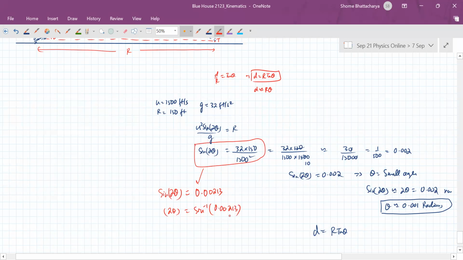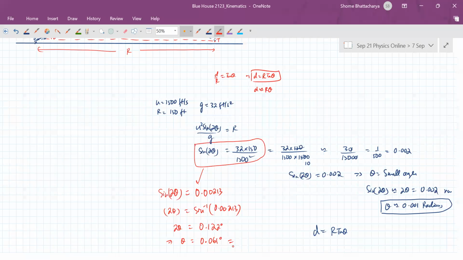If I use a scientific calculator or a sine table, in degrees it will come out to be 0.122 degrees for 2 theta. So that means theta will be 0.061 degrees.